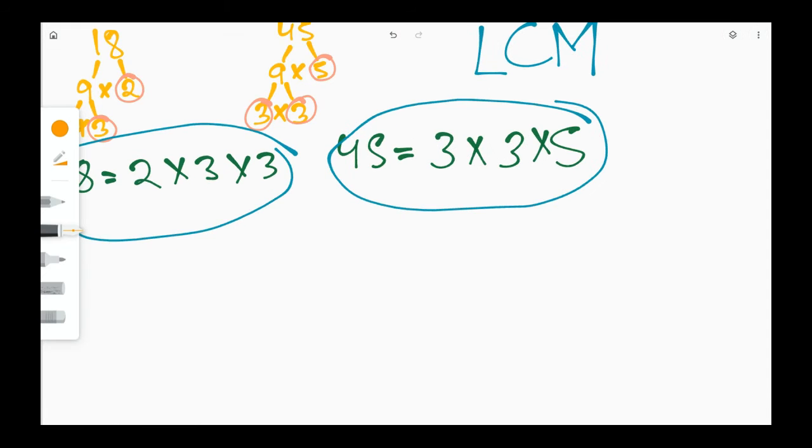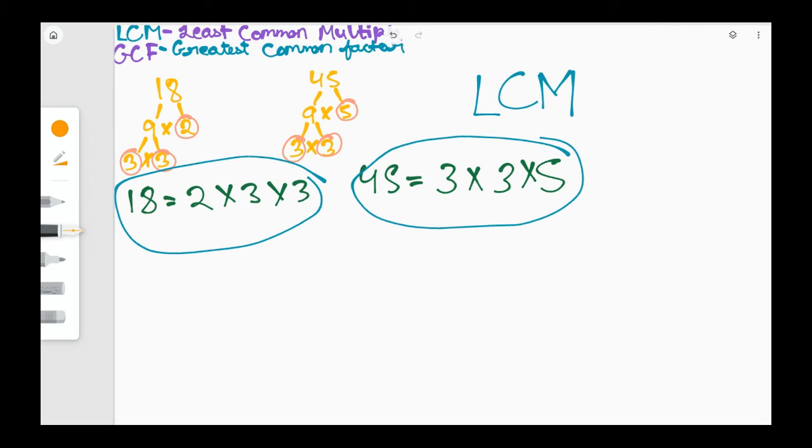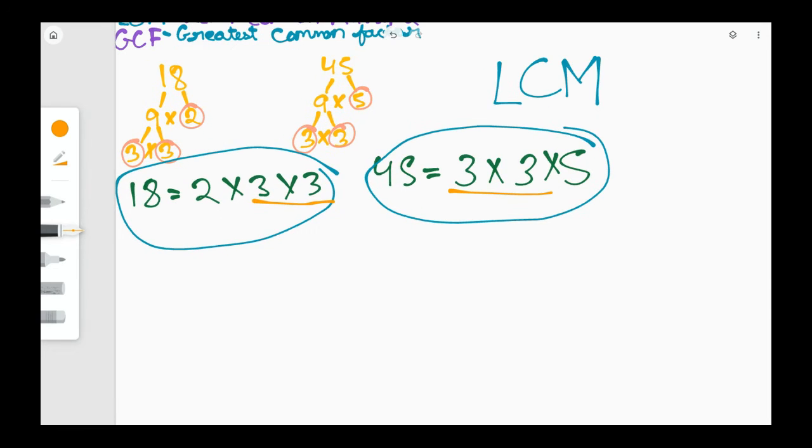In both numbers there are 3's. Which number has more 3's? They both have two 3's, so I'm just going to write 3 twice. Now in this number there's a 2, but in this number there's not a 2. So I'm going to compare which number has more 2's. In 18 there's only one 2, so I'm going to write once.